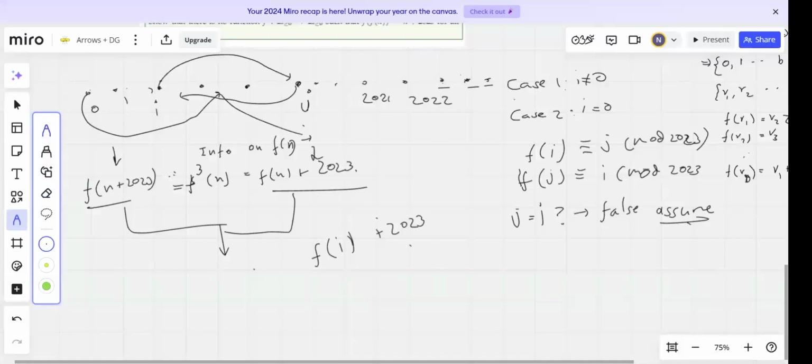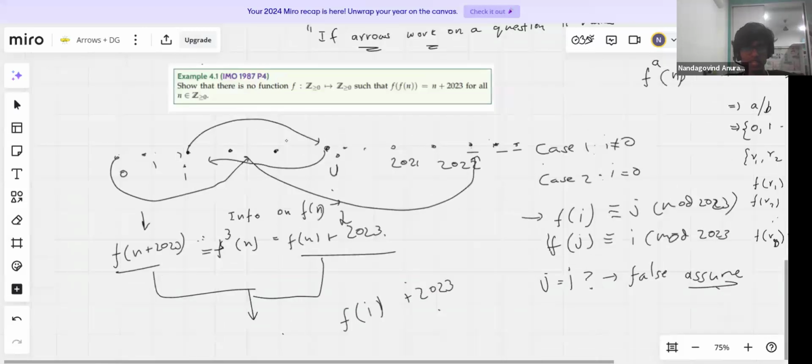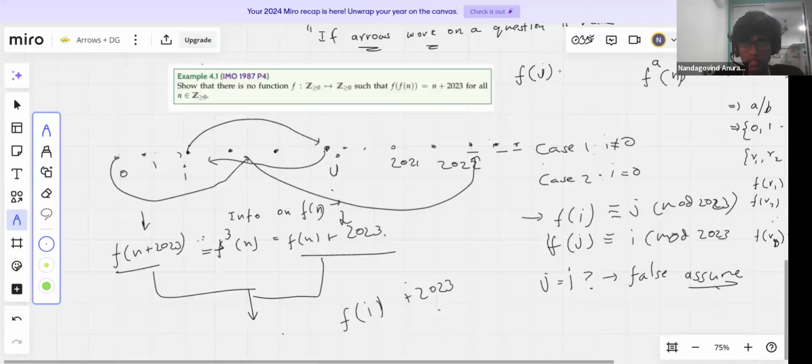So how can we say that if f of i is congruent to j mod 2023, f of j must also be congruent to i mod 2023? That's literally this condition. Because we are adding 2023, f of j is equal to f of i, which is equal to i plus 2023.